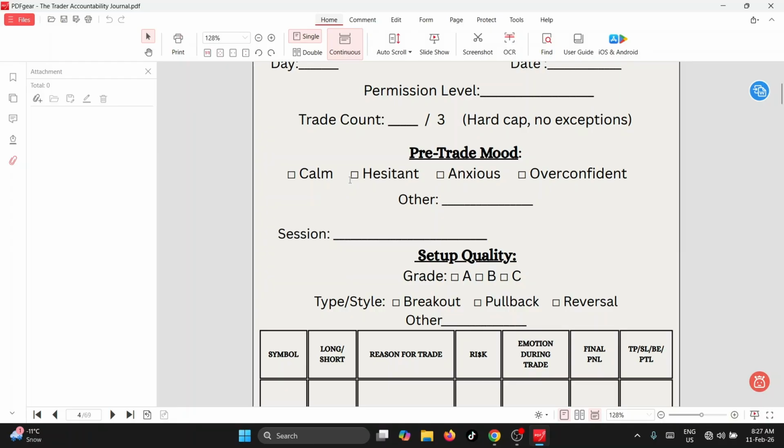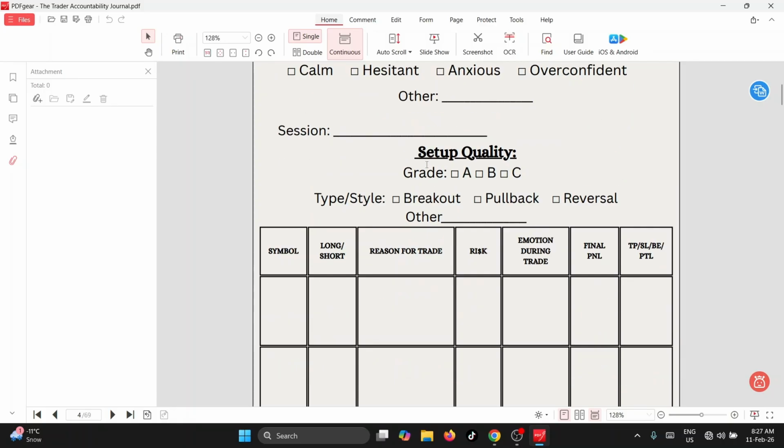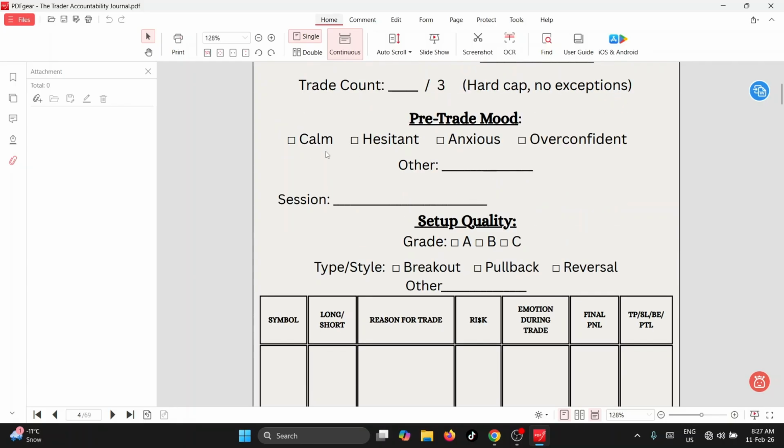You understand? So you're going to put in your session here, whether it's Asian, London, or New York. Down here is the grade. Is it an A setup? A B setup? A C setup? Adding to my previous statement, if you're anything other than calm, usually your psychology is messed up and you may not see the market for what it is.